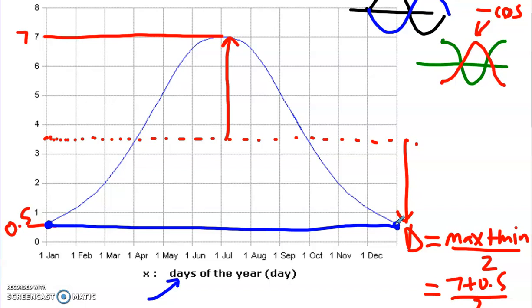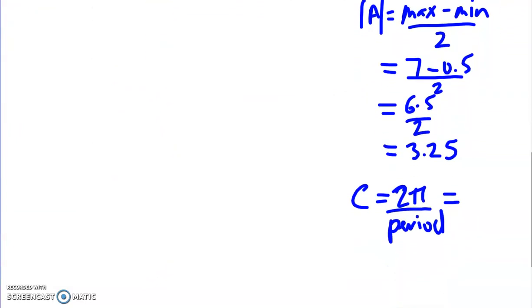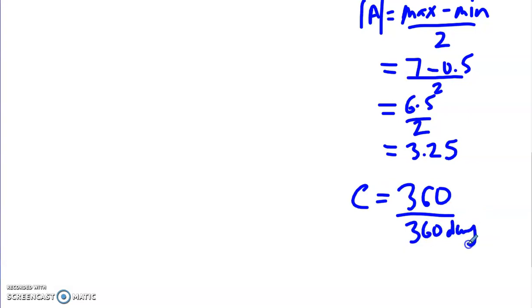And it looks like, oh, that looks like 360. And it may even just be 360 days. So I'll go back on this. Instead of using 2 pi, let's go with 360 and let's just do the things in degrees here. So let's go with 360 divided by 360 days.